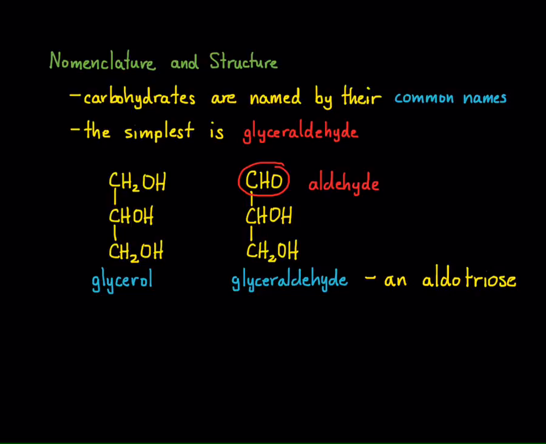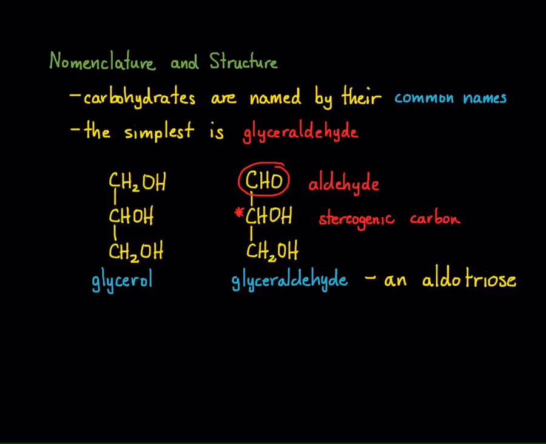Now, notice in glycerol there is symmetry within the molecule, but in glyceraldehyde there is no symmetry. So the oxidation of one of the primary alcohols into an aldehyde essentially makes glyceraldehyde an unsymmetrical molecule, and therefore that central carbon there is a stereogenic carbon.